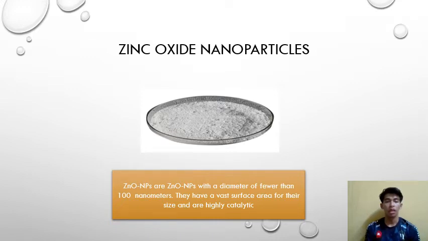Zinc oxide nanoparticles are increasingly being employed in industry products like rubber, paint, coating, and cosmetics. Due to their outstanding biocompatibility, low toxicity, and low cost, zinc oxide nanoparticles have become one of the most preferred metal oxide nanoparticles in biological applications over the last 2 decades.